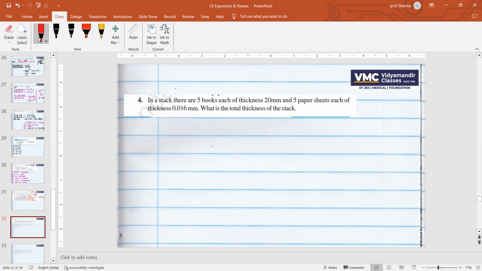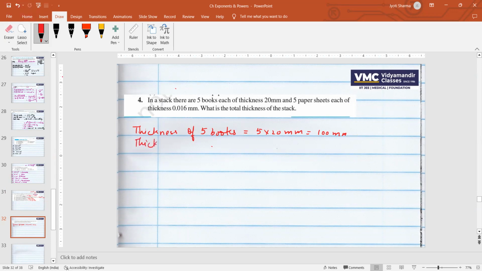This type of question we have already done in the case of mass. So the thickness of 5 books is 5 into 20 mm, which is 100 mm, which I can write as, let it be mm right now.